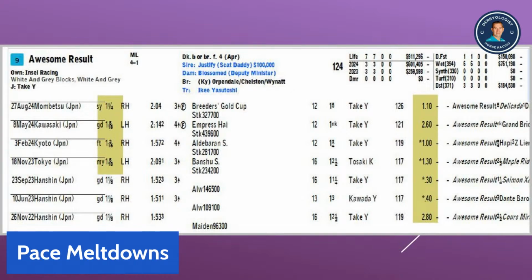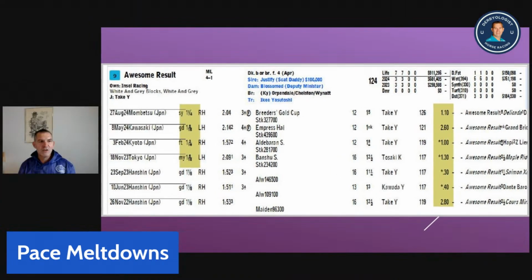2.6 to 1, 1.10, even money, 1.3, 30 cents on the dollar. So she's pretty much outclassed those horses, but she has been running long distances, 1.25 miles, 1.5 miles a couple of times.